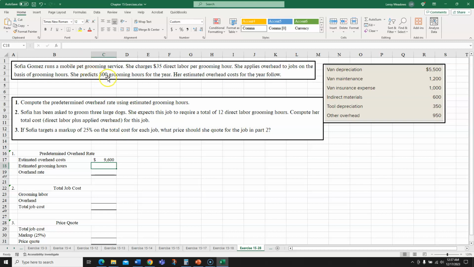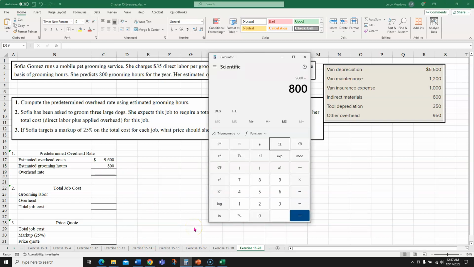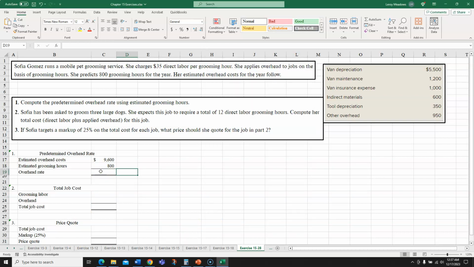She predicts 800 grooming hours for the year. So we're going to take that 9,600, divide it by 800 hours, and that will give me an overhead rate of $12 of overhead applied for each hour of direct labor grooming hour that we're using.